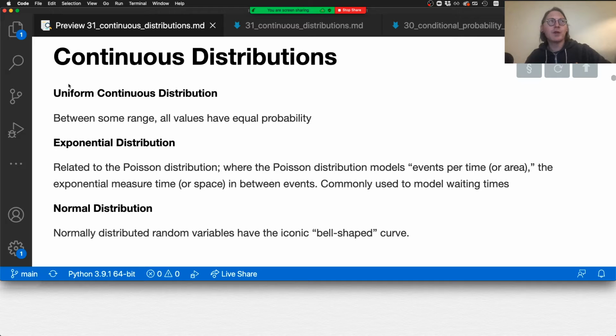And we'll talk about that a little bit more. So we talk about a uniform distribution, which is just the continuous analog of a discrete uniform distribution. The exponential distribution, which models the time between Poisson events, right? Because Poisson models the number of events in a given span of time, independent events. But we can pivot that and consider the amount of time, or the amount of area, or the amount of space between two different events. And then a normal distribution.